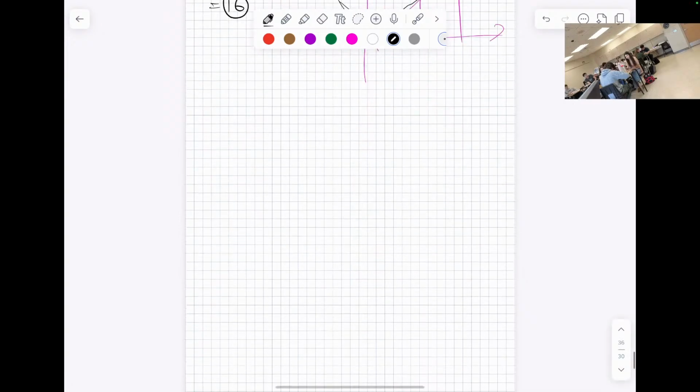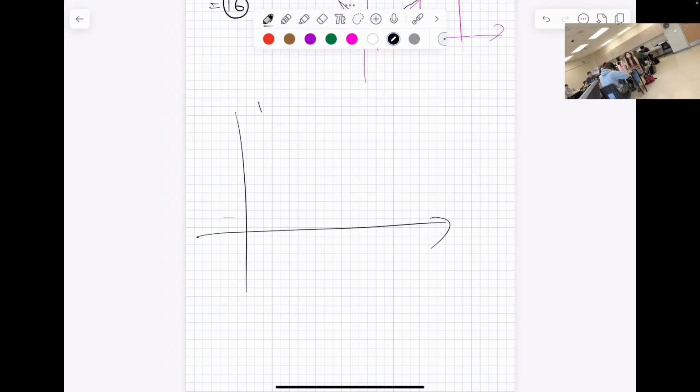Now I'm going to go to the next one. I have a function going down like this, and it's concave up like this. I'm going to use left end approximation, right end approximation, and trapezoid, and then compare the actual integral.